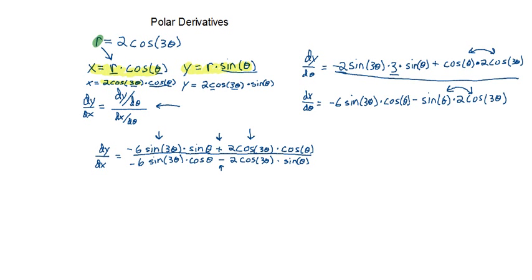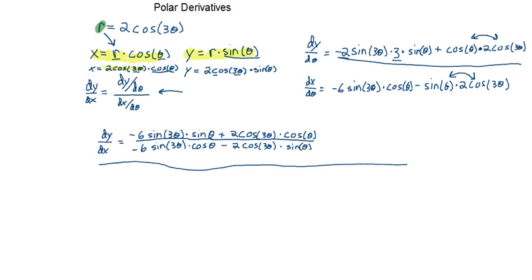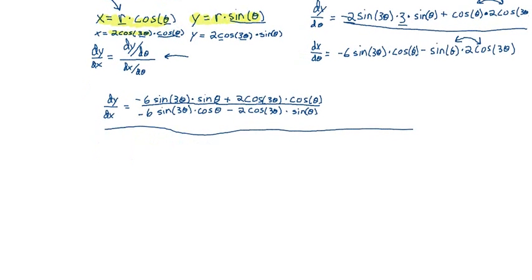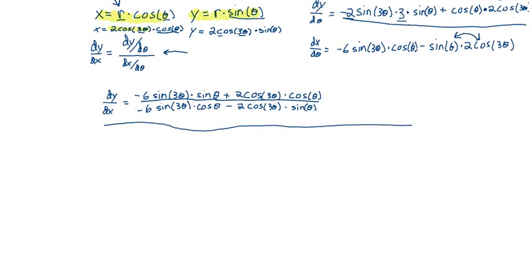So we want to take a look at that without the numbers, and that pattern will become a little more obvious. But that is our polar derivative. It's a little complicated, it's a little long, but hopefully using parametrics it makes sense where it comes from. So let's do this without the numbers, and you'll see it's actually a little bit easier.